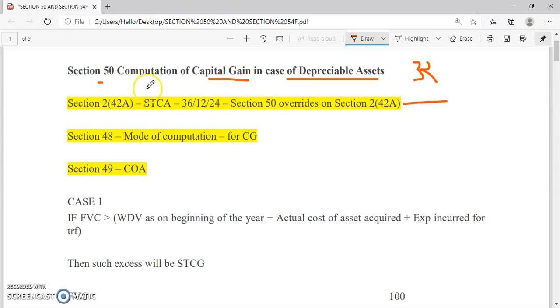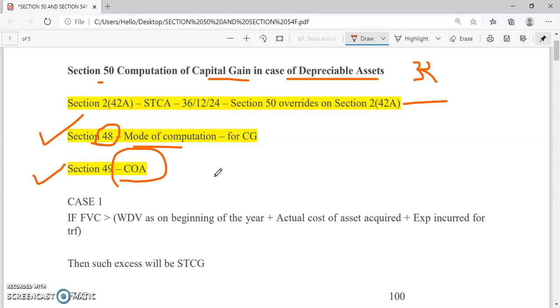However, the provisions relating to the mode of computation given under Section 48, as well as the provisions relating to the cost of acquisition given under Section 49, will apply with certain modifications which are given under Section 50 of the Income Tax Act.